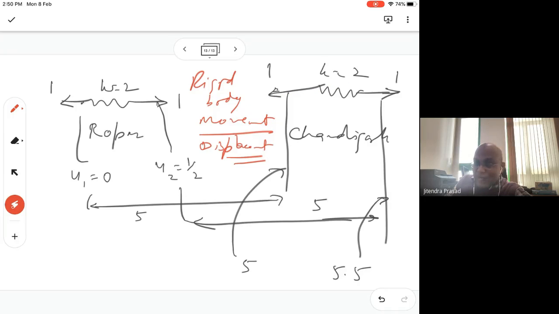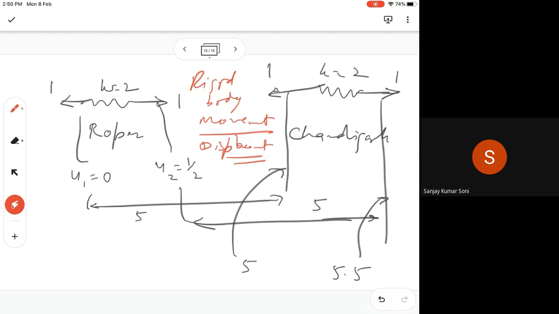So that you avoid the rigid body rotation and displacement, you have to fix it. You have to specifically say U1 equal to 0. Now you tell me what is the answer. Otherwise, it will be infinite answers, because you can give the rigid body displacement along with the elastic displacement. So it means I have to fix one end to get the unique solution. Yes. Okay.